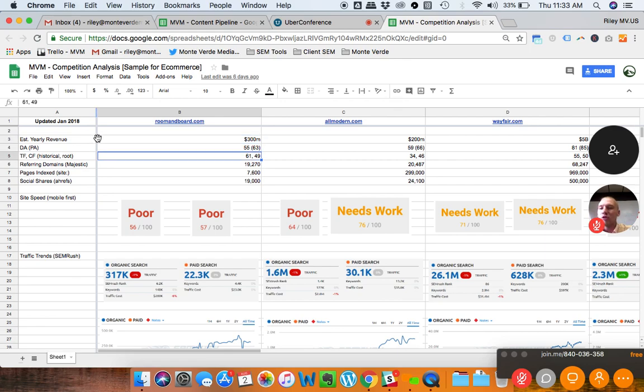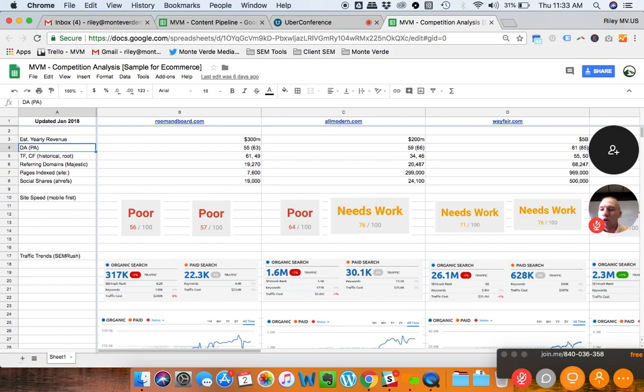So that's just something we do to try and benchmark where our clients stand in the market. Something else we may include in here is, of companies in the niche, where are our clients in terms of the price point? Are our clients coming in as a premium product? Are they middle of the market? Or are they trying to undercut their competitors?